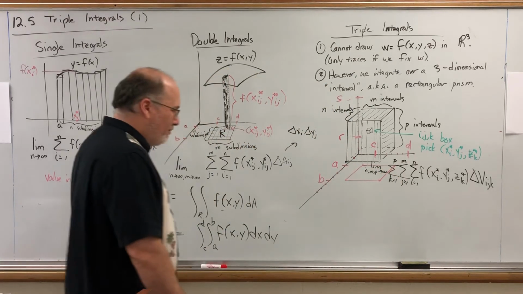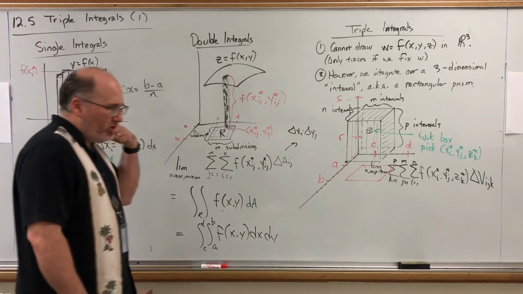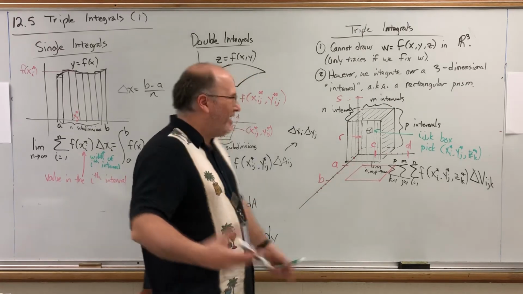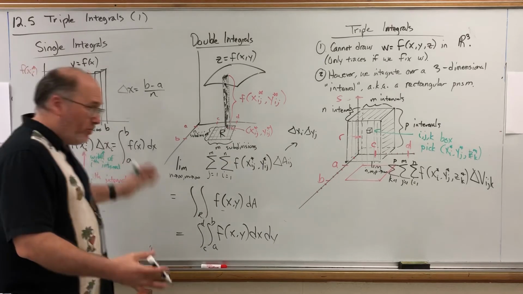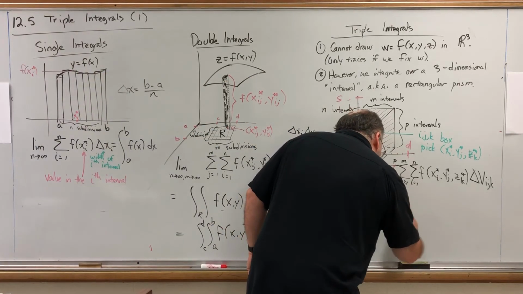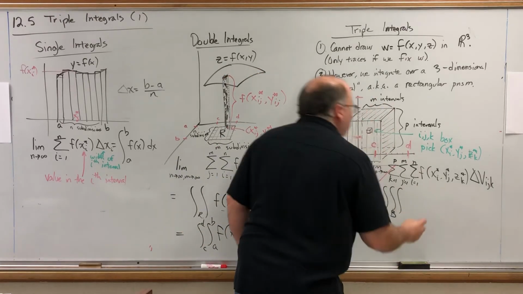And so we get this big mess, but it's the natural extension of what we did in one and two dimensions. As long as our function is continuous, which I neglected to mention, then this limit would be defined as the triple integral over this, we'll put a capital B for box.